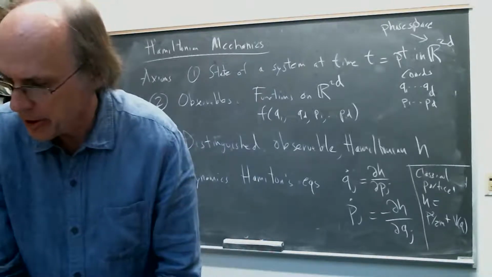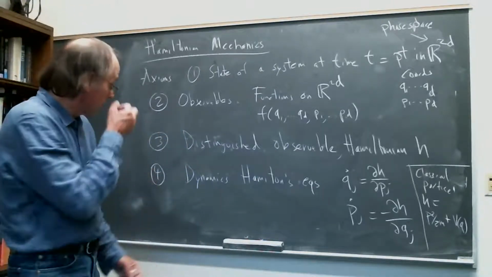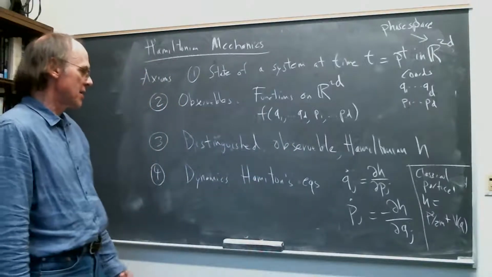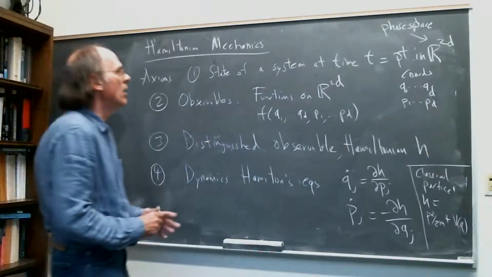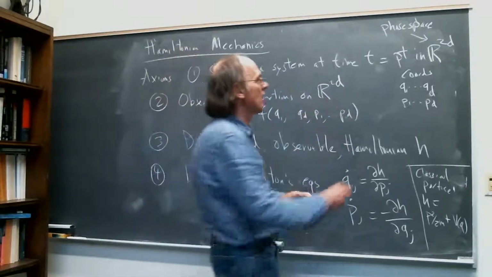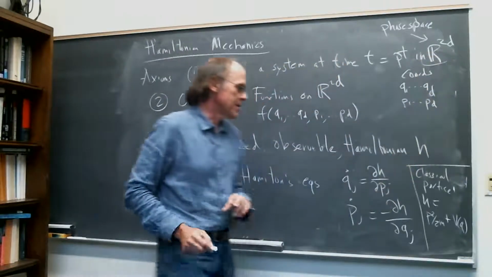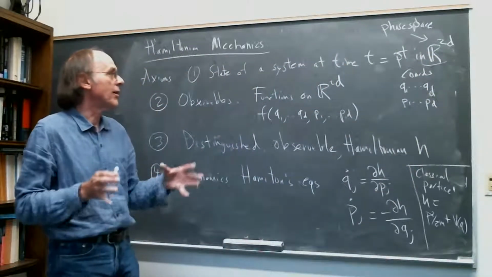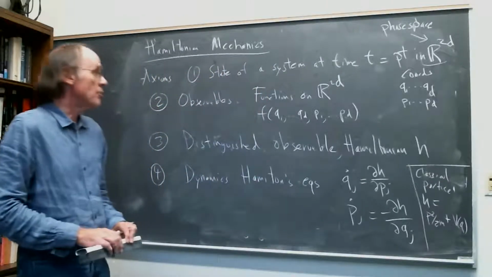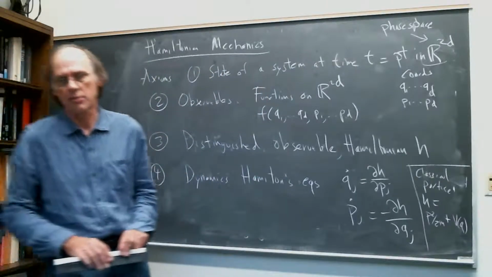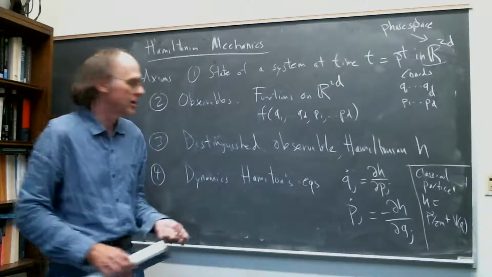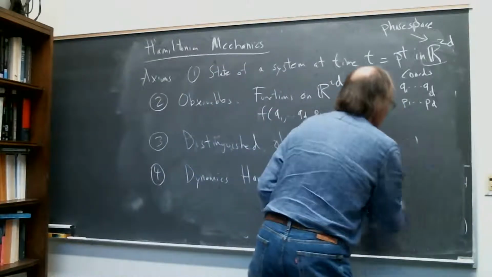But now what I want to do is this: when you start to do Hamiltonian mechanics, you sooner or later realize that what's interesting about this R^2d is that it comes with an interesting extra structure, and that extra structure is normally written down by physicists in terms of what's called the Poisson bracket.